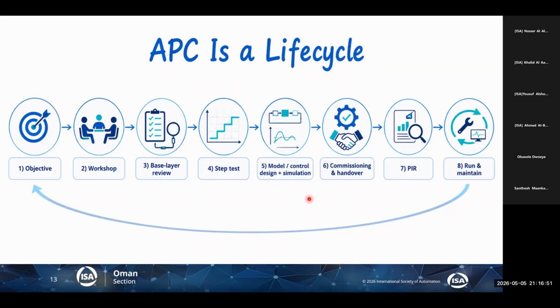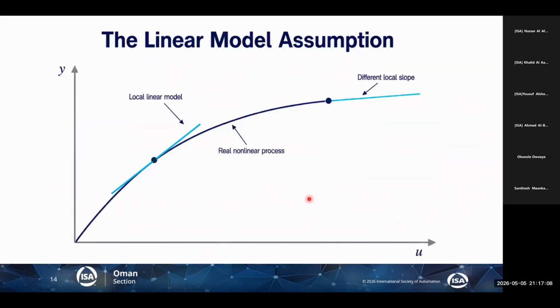APC engineers would know that, even if you don't have a process engineering background: you step test the plant at certain conditions, and then you do the same step test at different conditions, and you will realize that the plant is not linear. But APC assumes that it is linear. Imagine you did a step test over here, in this region.